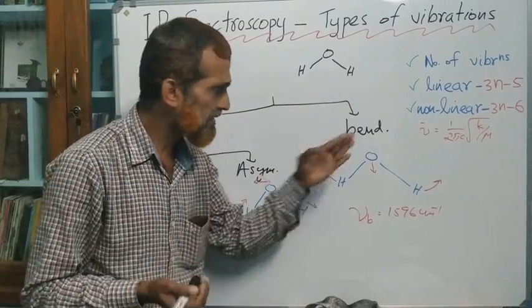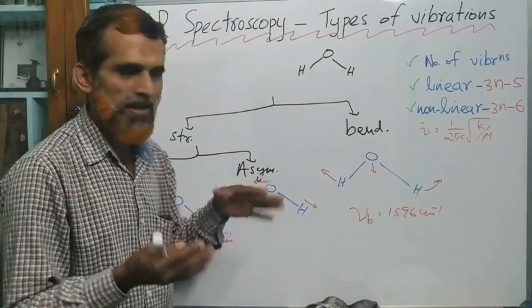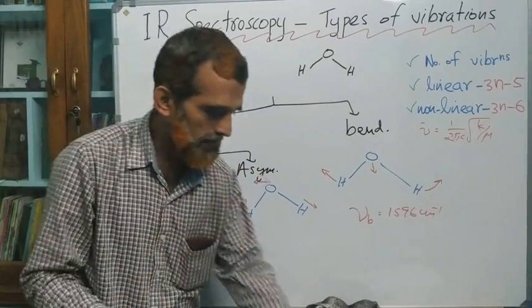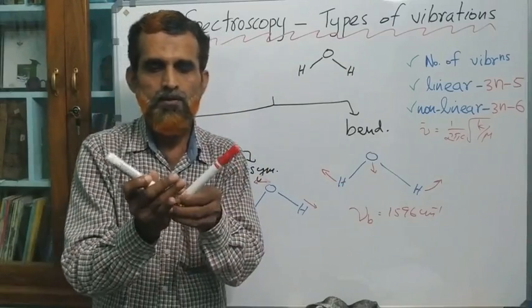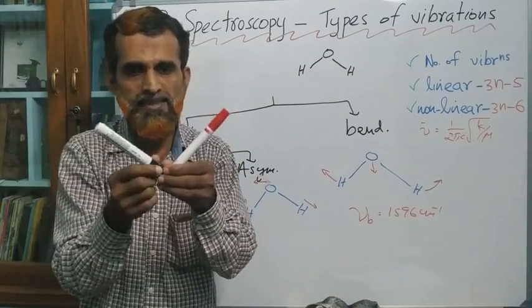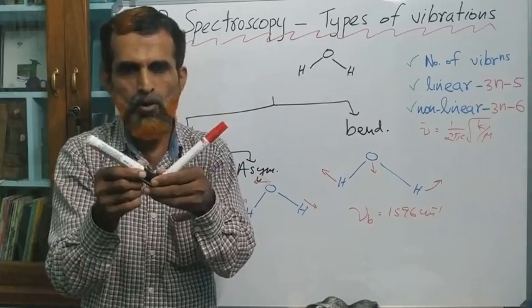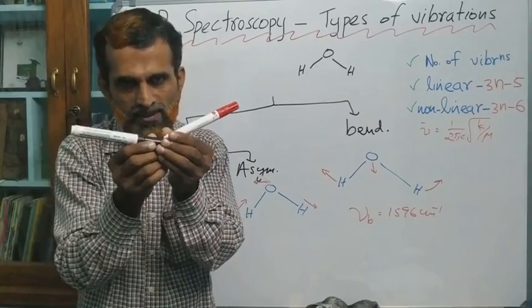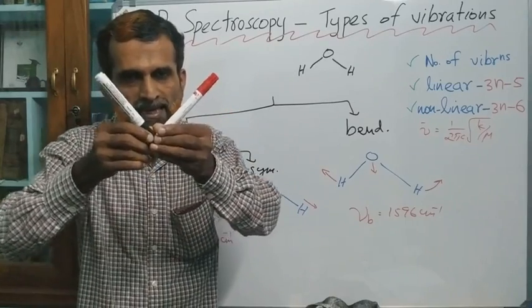Actually, bending vibrations are again of different types, like in plane, out of plane. Also, this is called scissoring. See, this is what's happening for water. Okay, oxygen, 2 hydrogens, and you know there's a normal bond angle, 104.5 degree. If it's increasing, it moves like this. Okay, then come back to mean position, then decreasing.